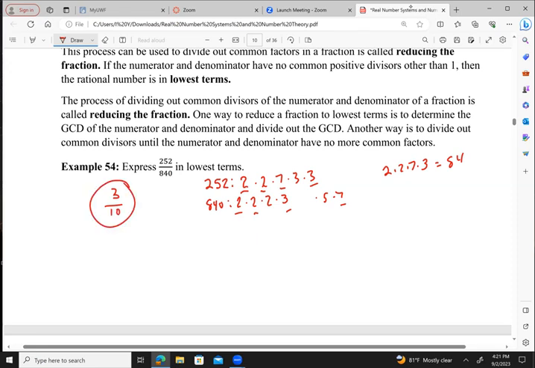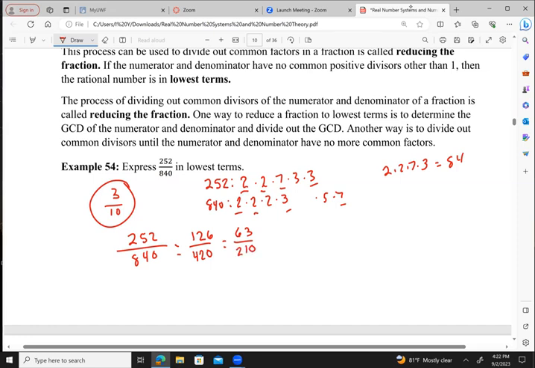Now let's look at this the other way. So we're starting out with 252 over 840. Now I can see they're both even. So divide both of them by 2. I get 126 over 420. Again, I can see they're both divisible by 2. Divide out 2. 63 over 210.